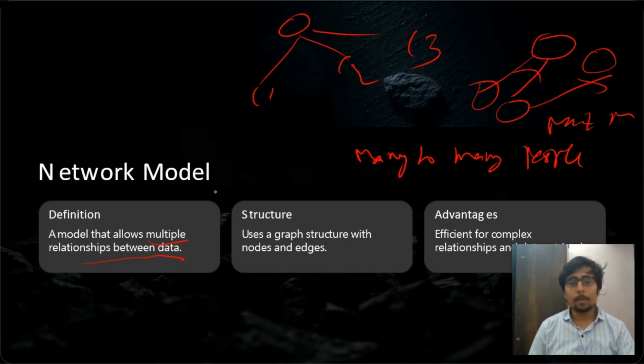Whatever we are discussing, the network model, the hierarchical model, all define the structure of data and how data is stored. It also defines how the DBMS, which is the database management system, stores the database, accesses the data, and also updates it. So all these things are done with the help of the database model.